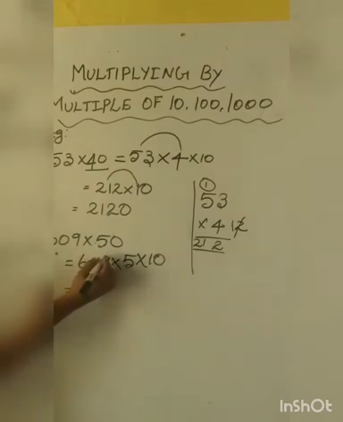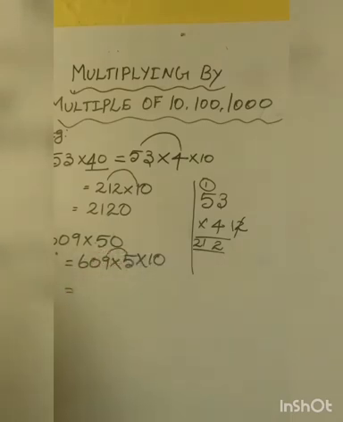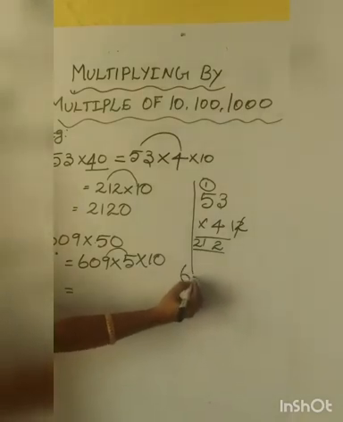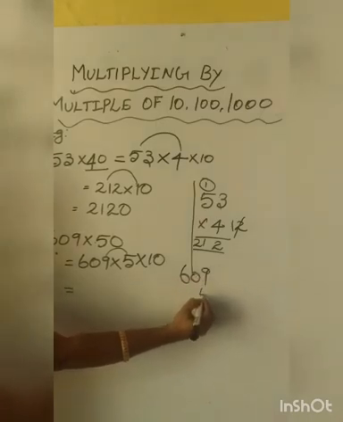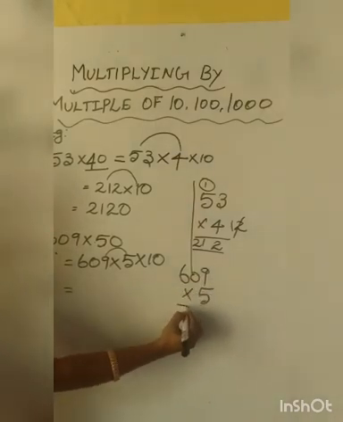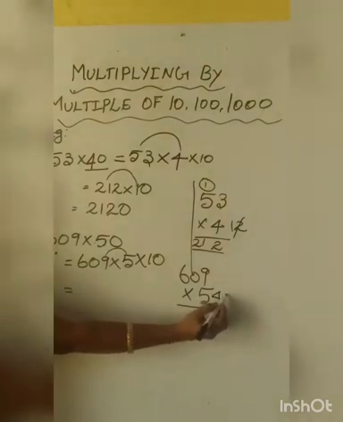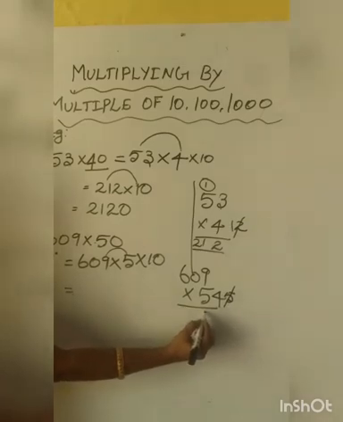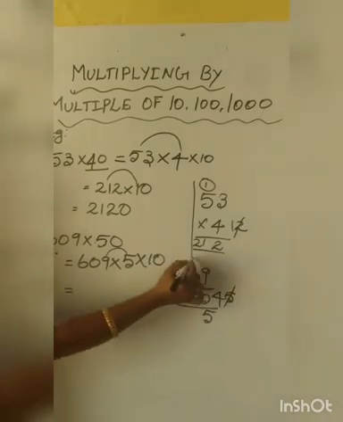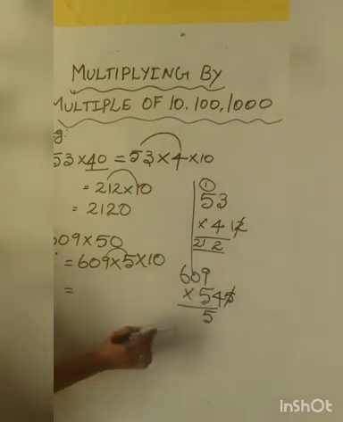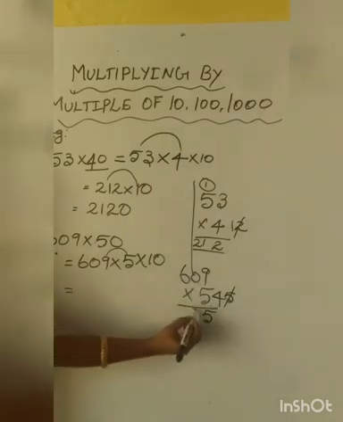Next I have to multiply 609 by 5. 5 nines are 45. So you write the ones place value, and the next number goes to carry. 5 into 0 is 0, but the carry is 4, so you can write 4.